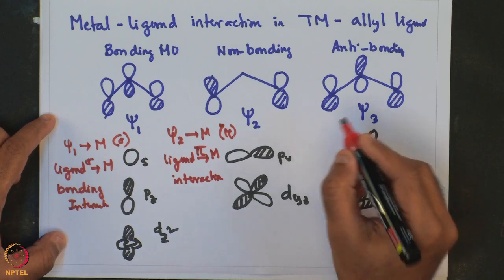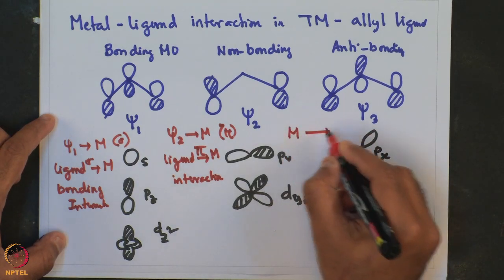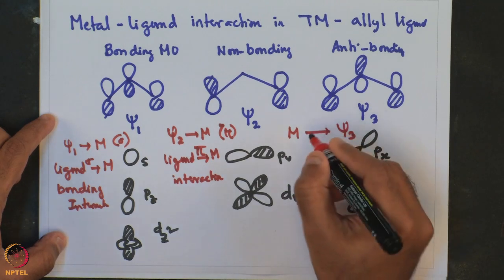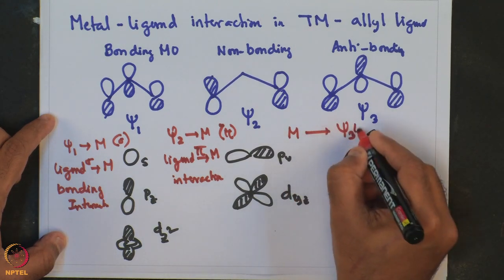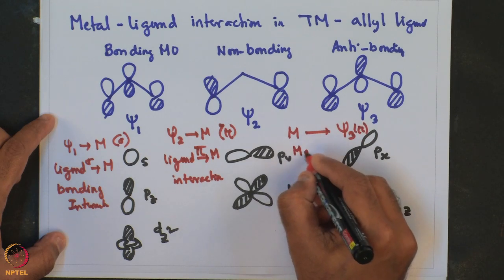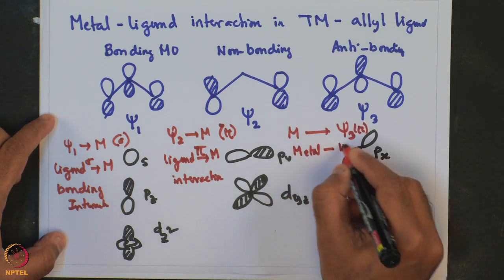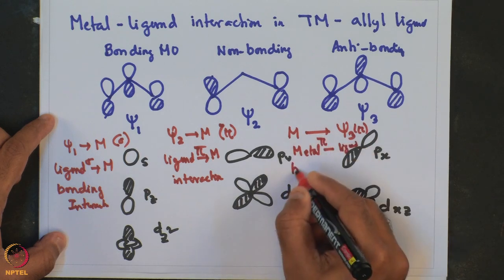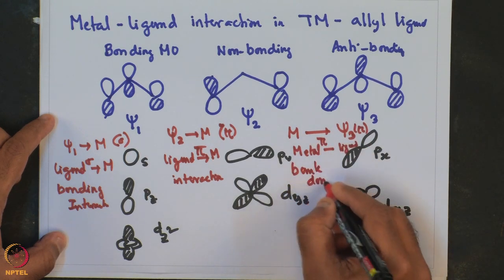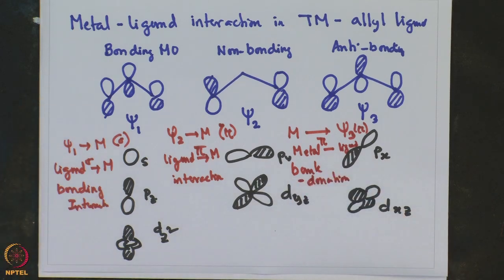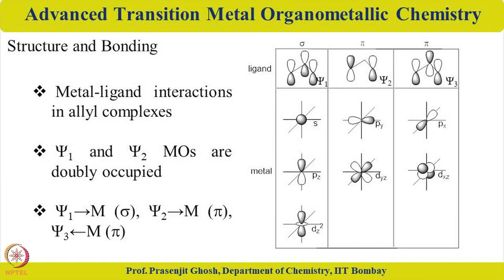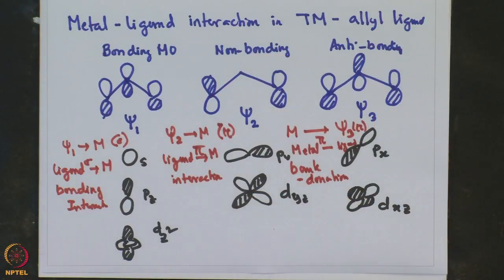On the other hand, metal to psi 3 is a pi type metal to ligand pi back donation. So, this gives a very important picture about how allyl ligands interact with the metal. It shows that there are two bonding interactions, ligand to metal sigma bond and ligand to metal pi bond, and metal to ligand pi back donation.